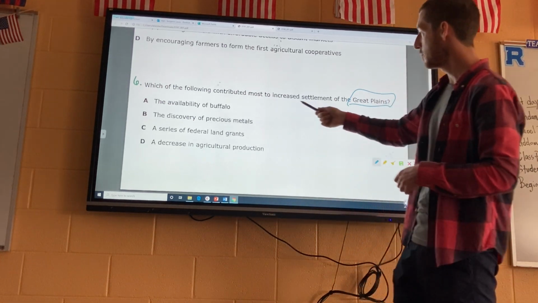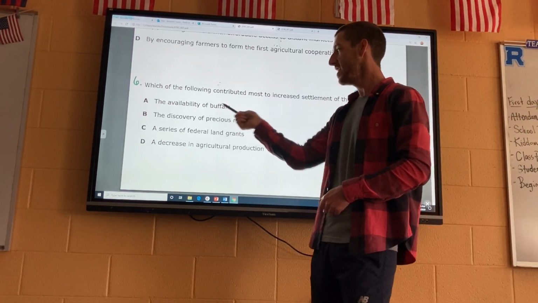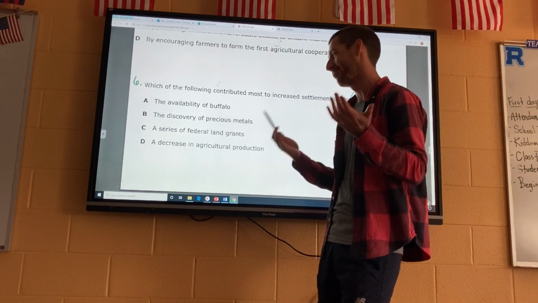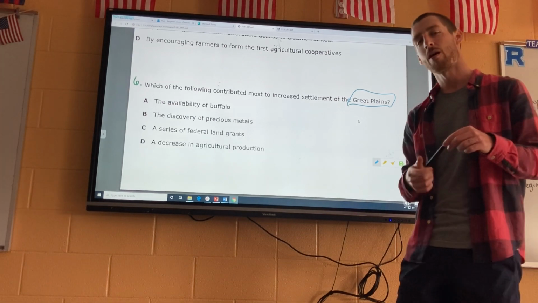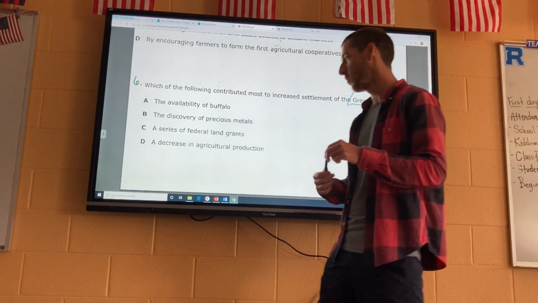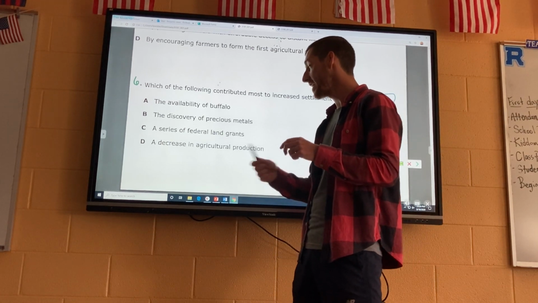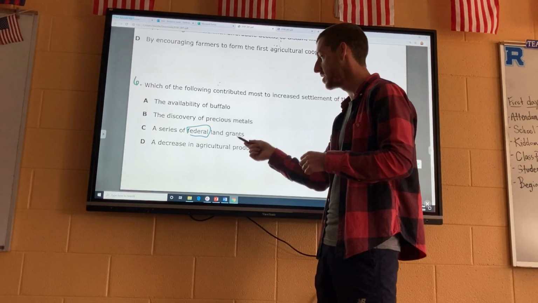Which of the following contributed most to increased settlement, more people in the Great Plains? A, the availability of buffalo. Maybe. B, the discovery of precious metals. We didn't talk anything about precious metals in the Great Plains. C, a series of federal land grants, federal government land grants.